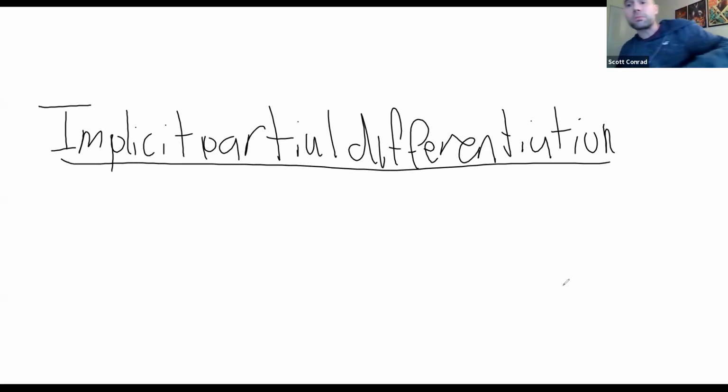So you foolishly probably thought implicit differentiation went away with Math 140. Unfortunately, it did not. We can also do implicit differentiation for functions of two variables, but it's not difficult.